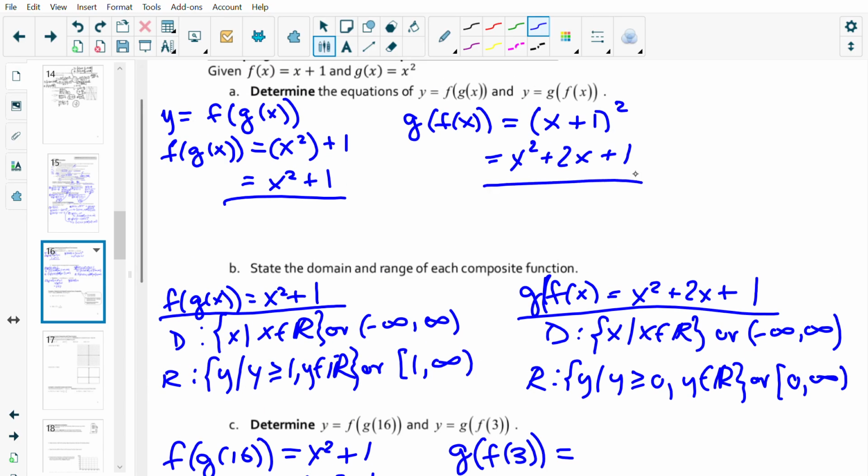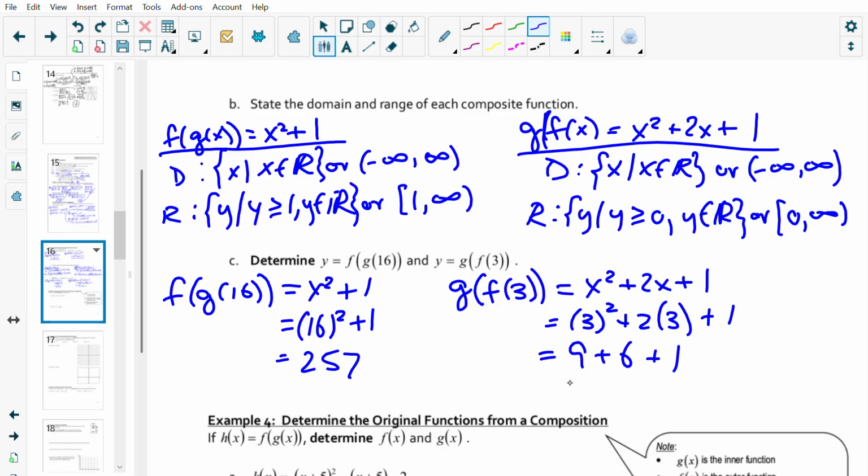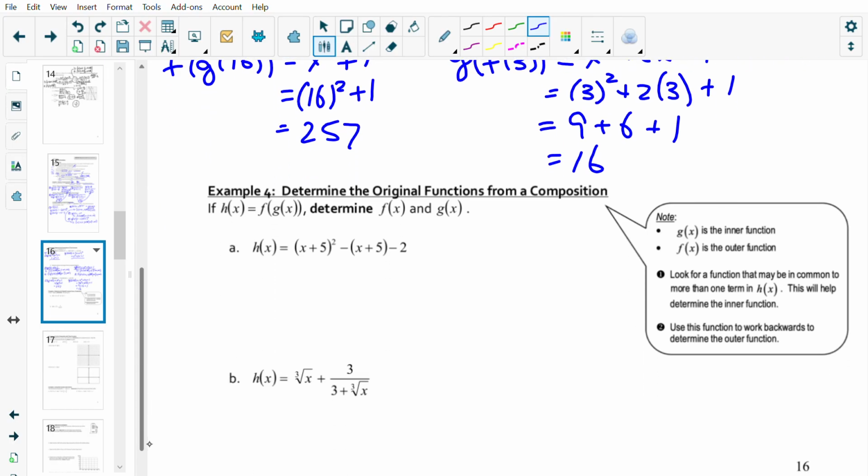Take my composed function right here, x squared plus 2x plus 1, and then I'll plug in 3. And I get 16. Okay.